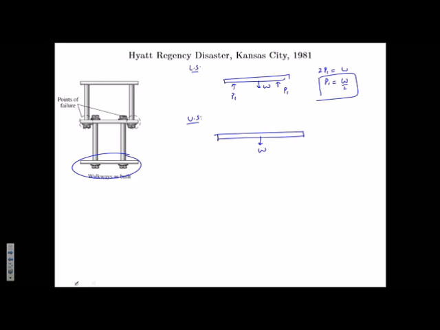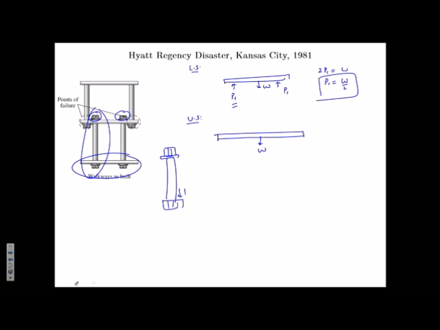Weight W, right? Now, what is the force from these nuts on the upper skyway? It'll be P1, right? Because if you look at the free body diagram of this whole rod, what do you have? You have the nut, you have the rod, then again the nut, right?